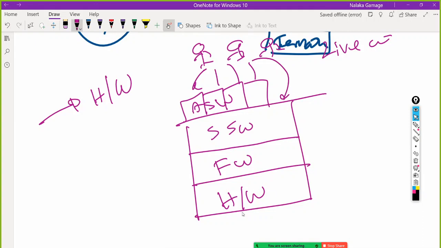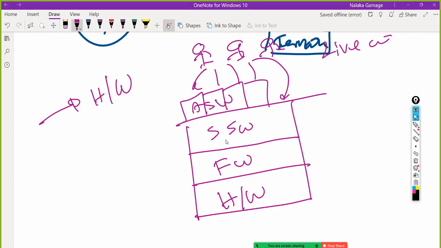So what is the purpose of hardware? Ultimately it is the hardware that we use to input data, store data, process data, because your data is in your hard disk, your SSD. Your processing is done by your transistors.